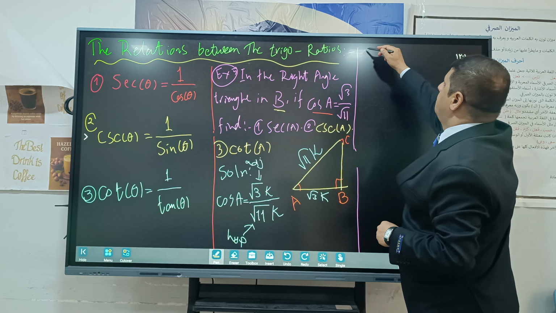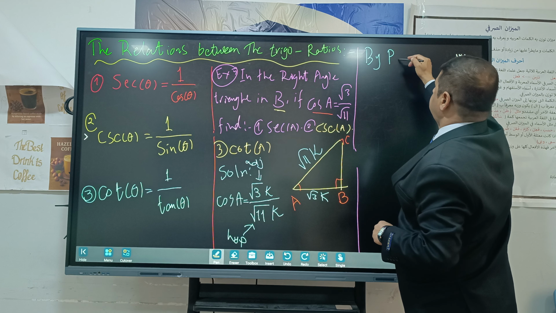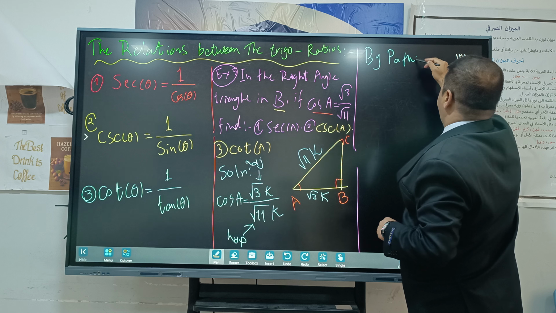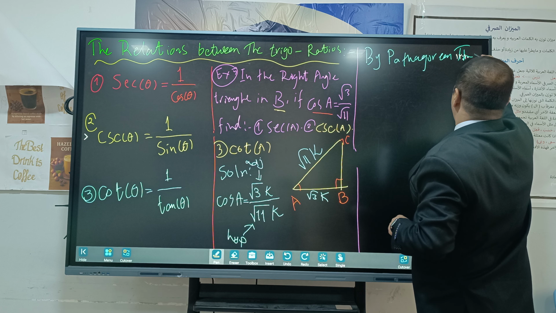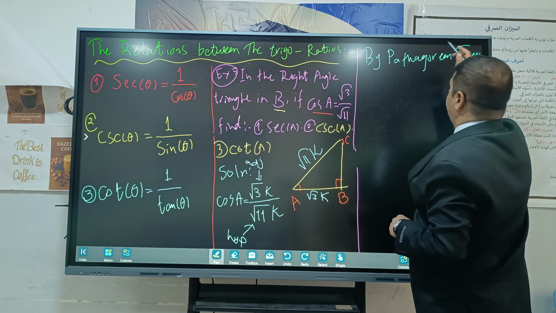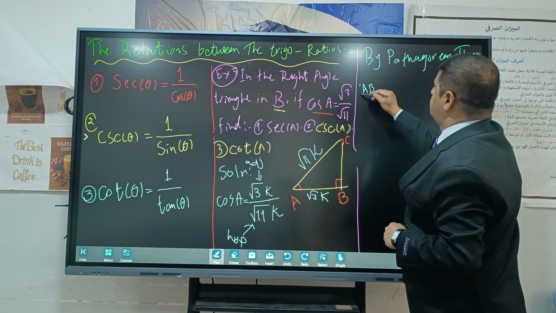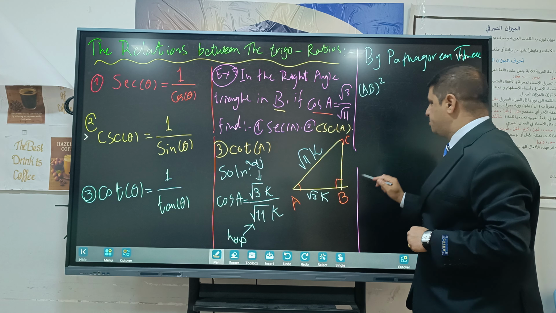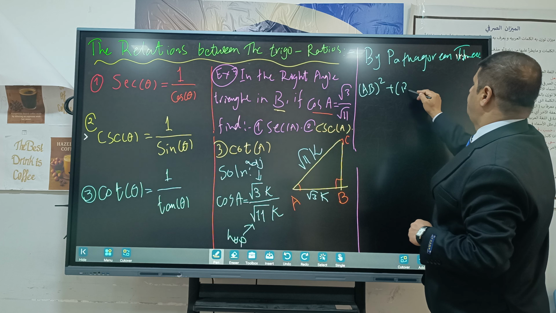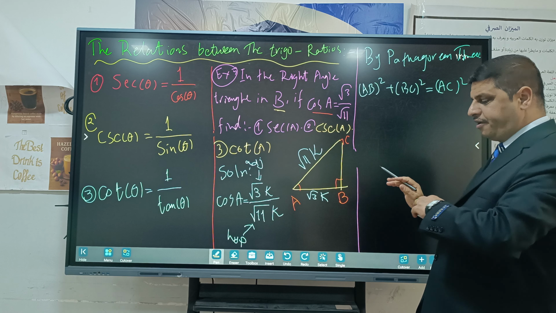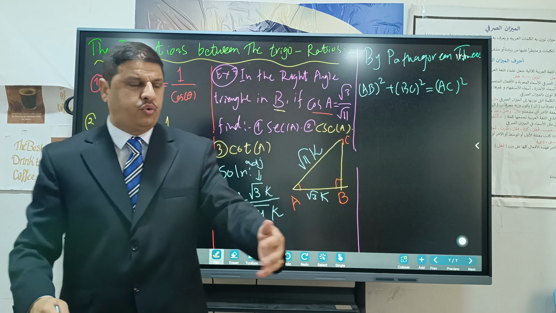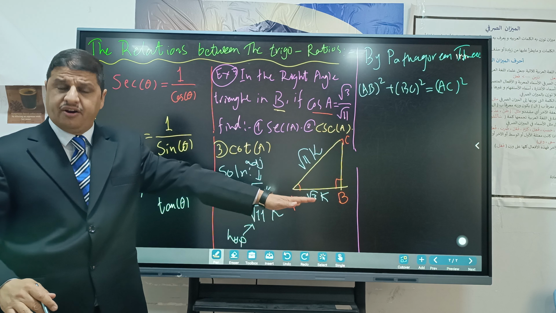Now, by the Pythagorean theorem, I have AB squared plus BC squared equals AC squared. Or write AC squared to the left and the others on the right.